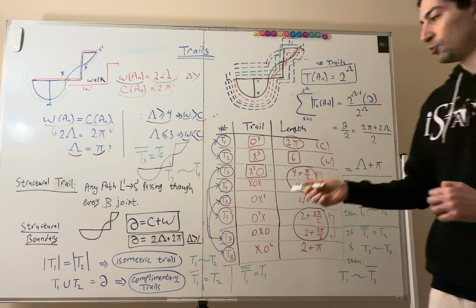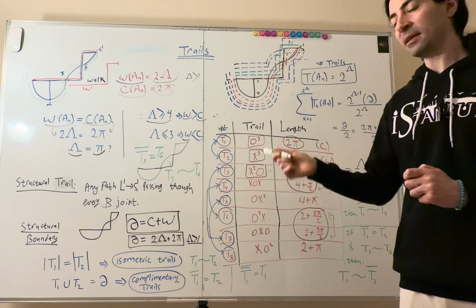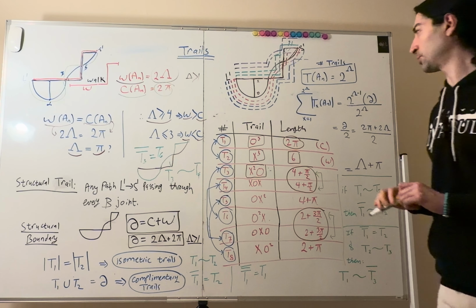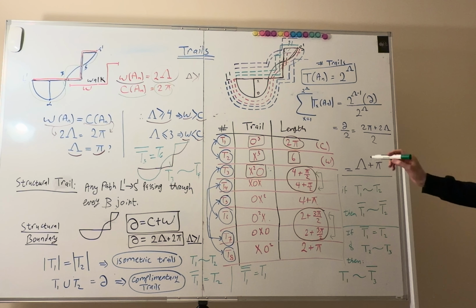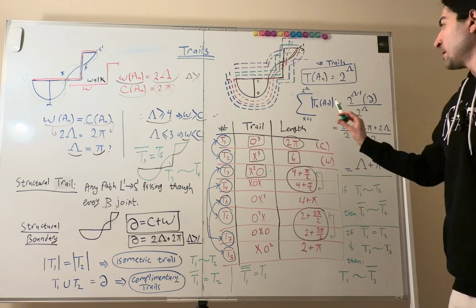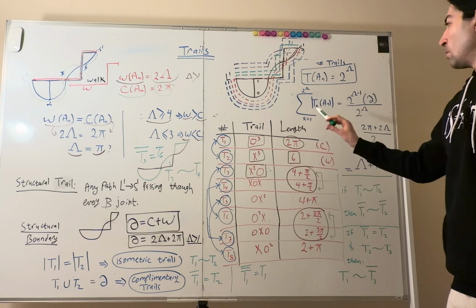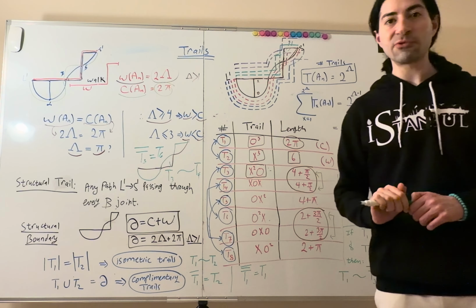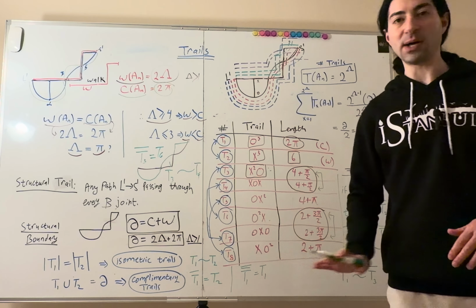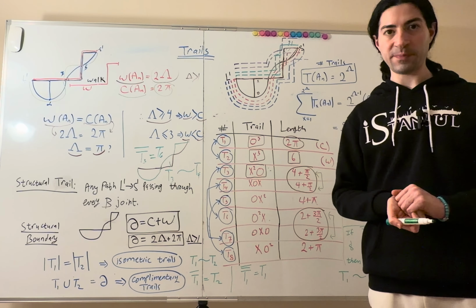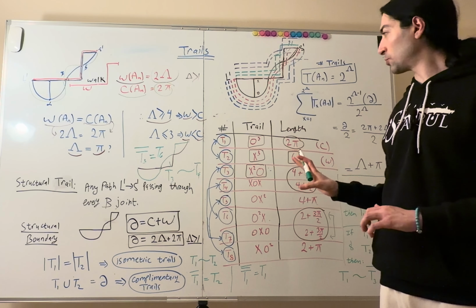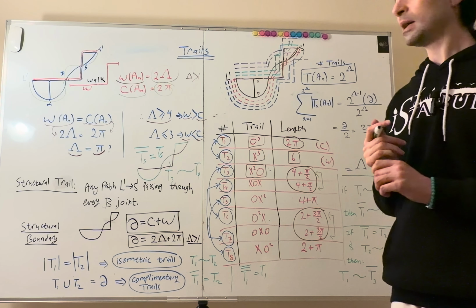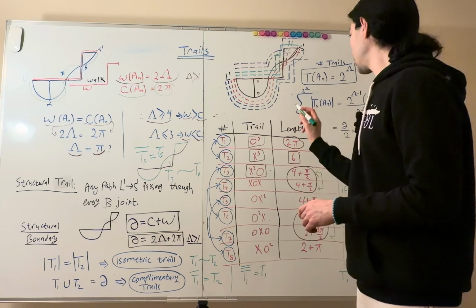Let's continue with a few more observations. So if we want to say two trails are complementary, again, it means that the union of the two trails gives us the boundary of the sectoral structure. One thing I want to show you as well is how to find the average length of all the possible trails for a sectoral structure. So if we get all the possible trails, we add up their length and divide them by their total number. What is the length of the average trail?